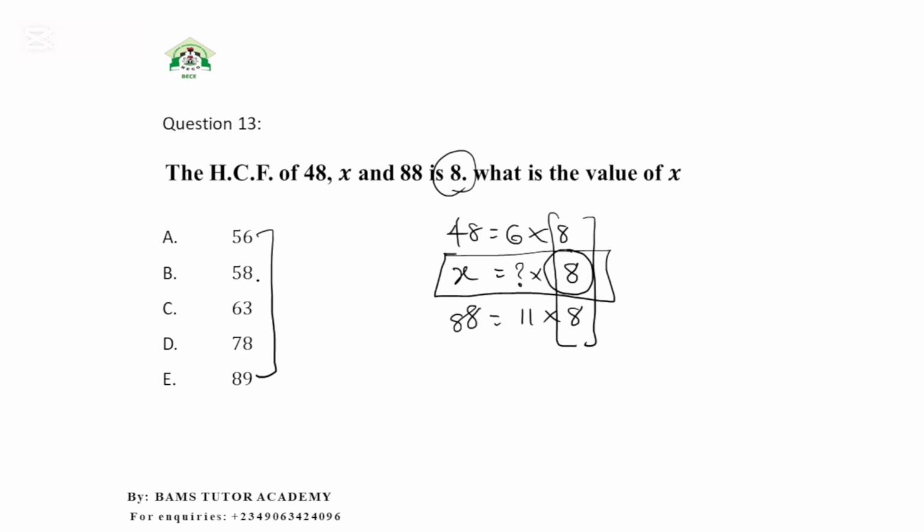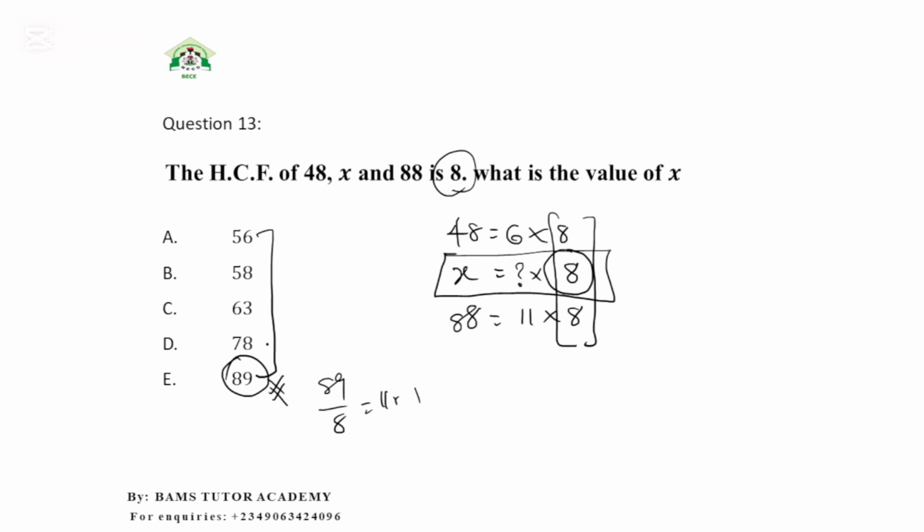Now is 89 a multiple of 8? No. What I mean by multiple of 8 is, can I do 89 divided by 8 and not get a remainder? If I do 89 divided by 8, that's going to be 11 remainder 1. You see that? So it does not work for 89.